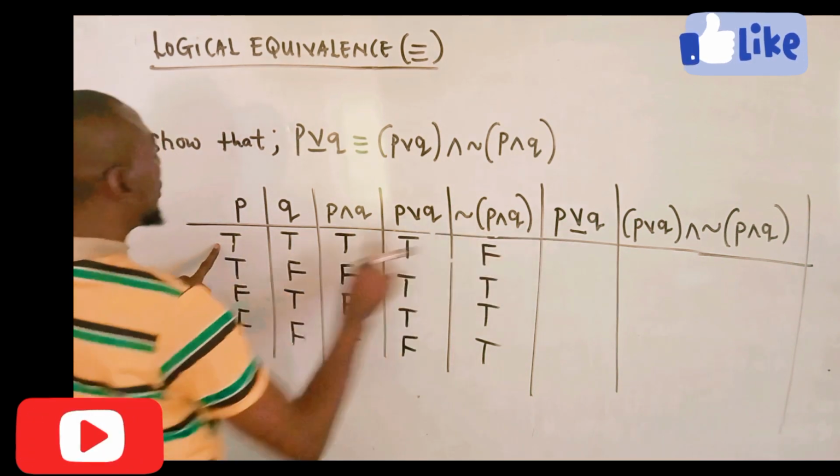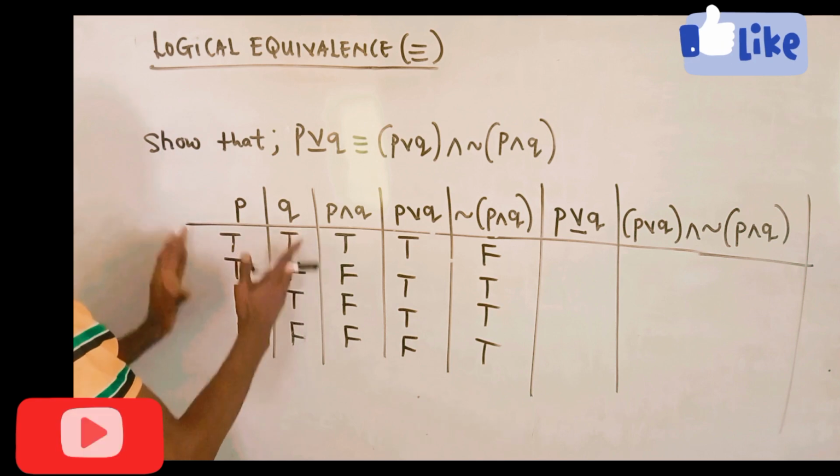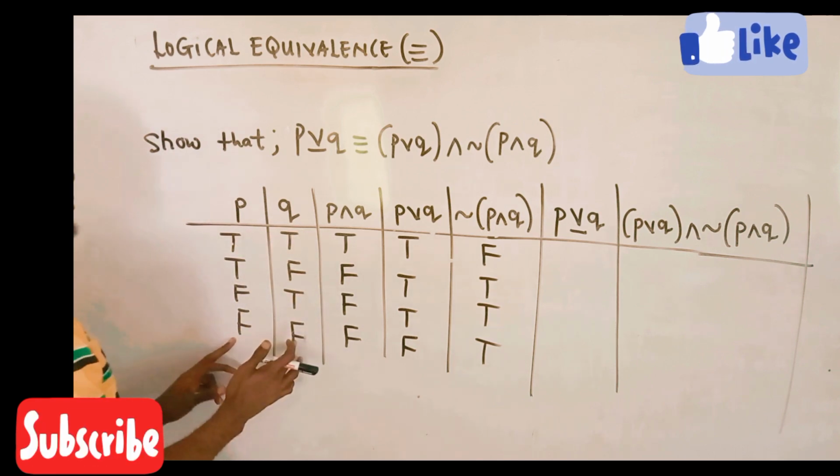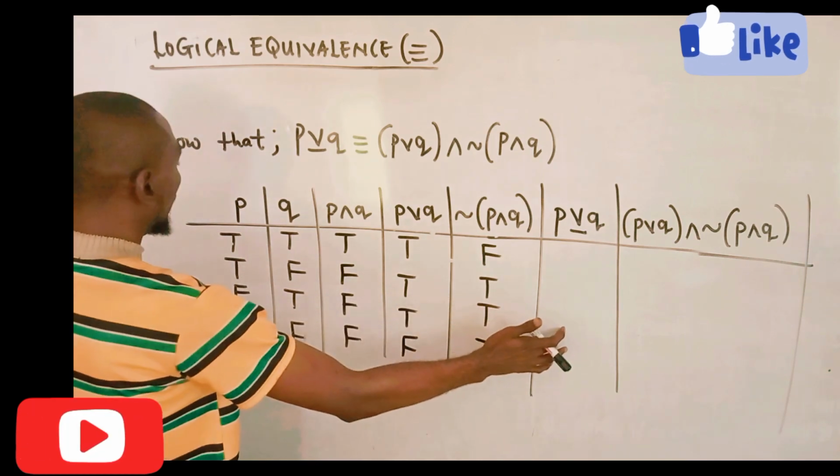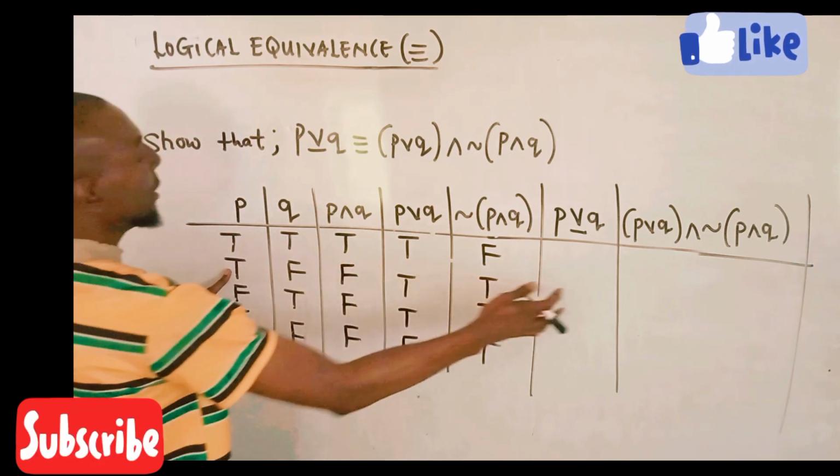So exclusive disjunction carries all the properties of or, meaning F or F is still F, false or truth is still truth, truth or false is still truth.